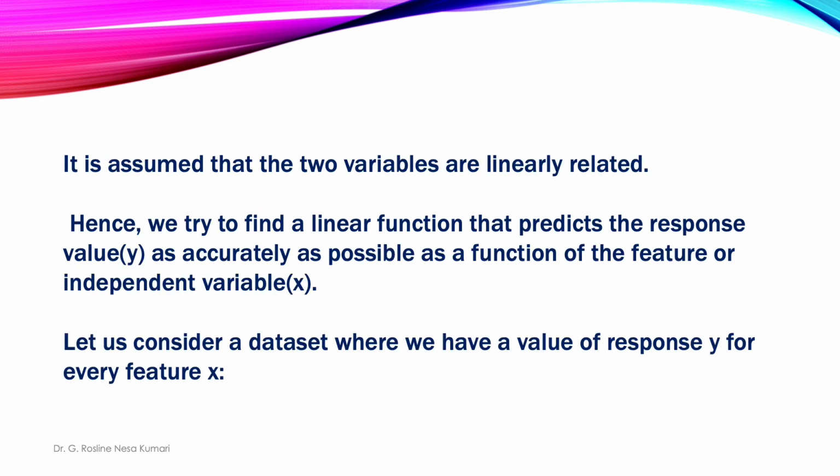It is assumed that the two variables are linearly related. Hence, we try to find the linear function that predicts the response value y as accurately as possible as a function of the features or independent variable x. Let us consider a data set where we have the value of response y for every feature x.